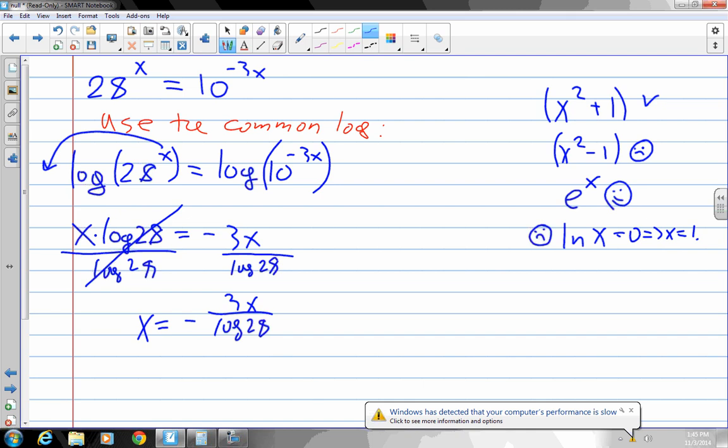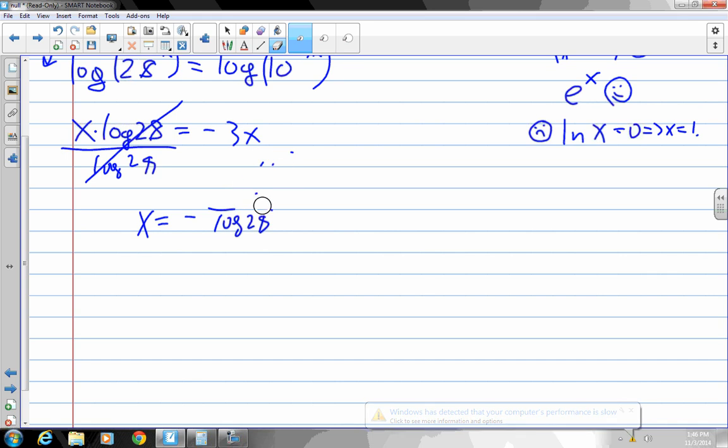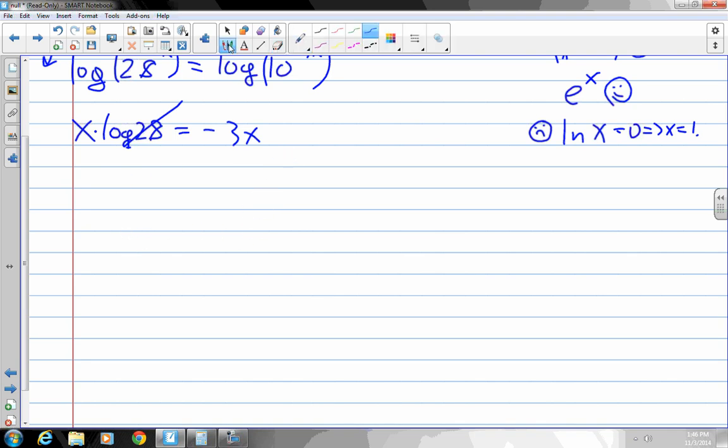Because look, if I divide both sides by x, I'll get log of 28 equals negative 3, right?